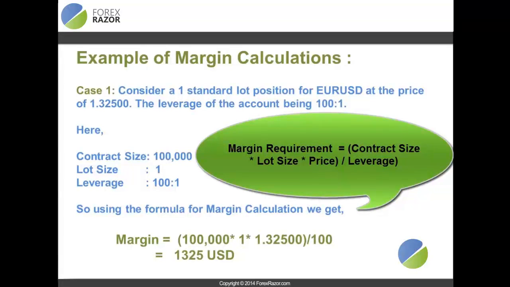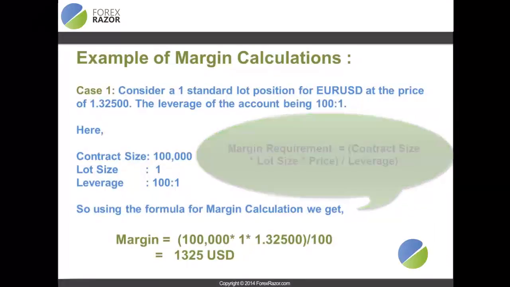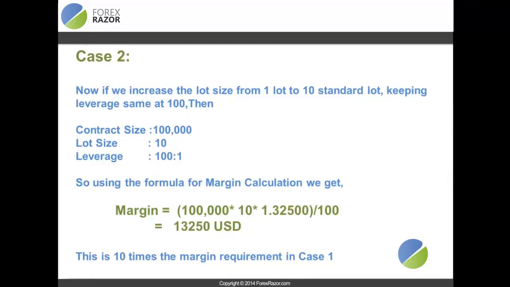Putting these values in the formula for margin calculations, which we just discussed, we get margin comes out to be 100,000 times 1 times the price, which is 1.32500, the product of that over 100, which comes out to be 1325 US dollars. Now let's consider case 2.